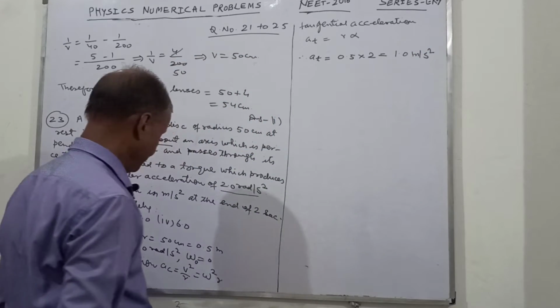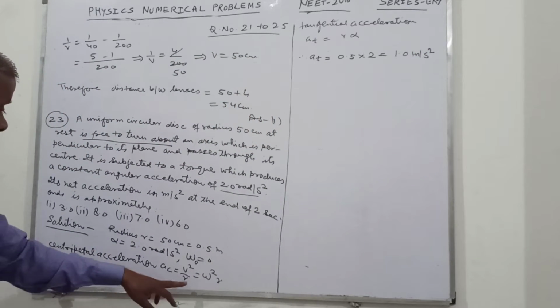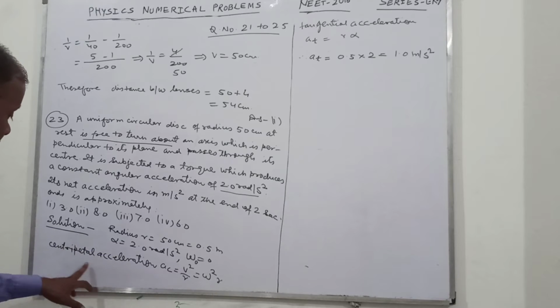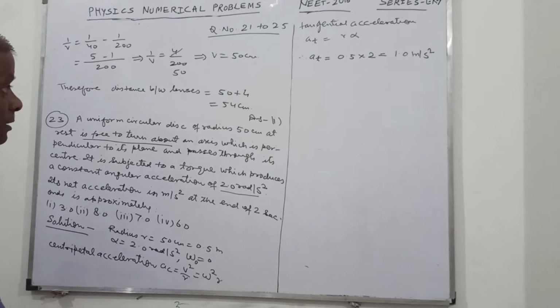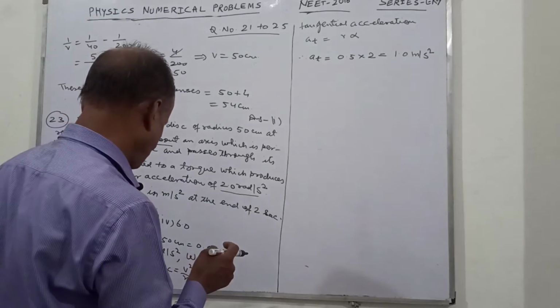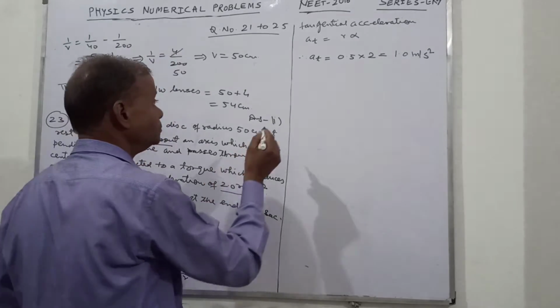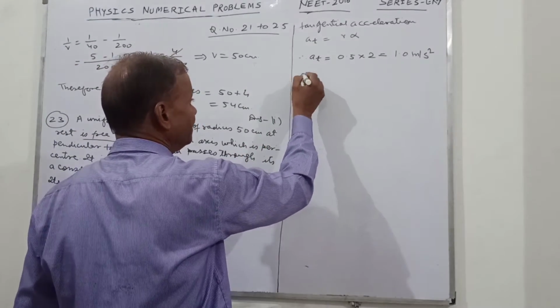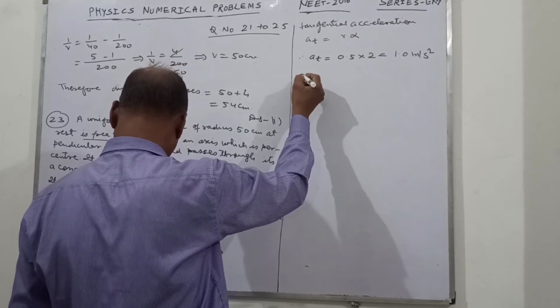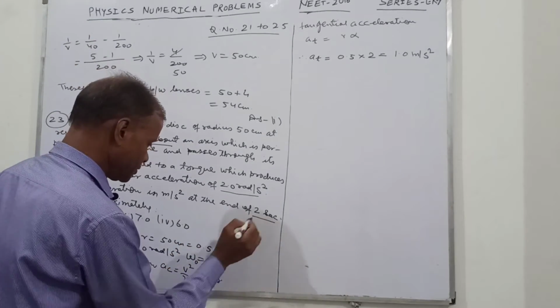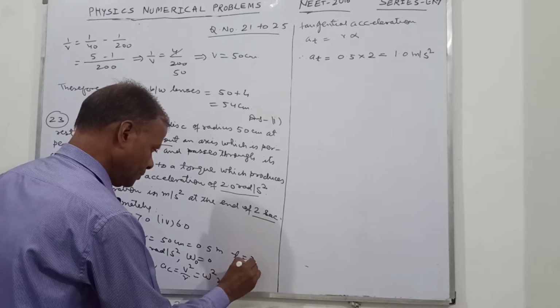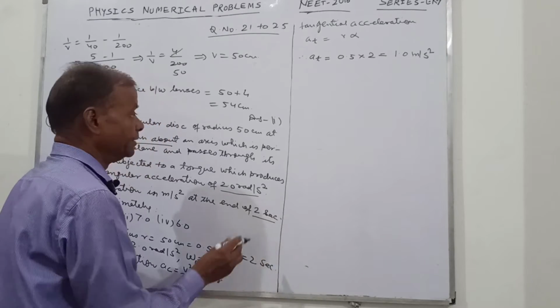Now to find the centripetal acceleration, we use omega square into r. Now note that t is given here. At the end of 2 seconds, time t equal to 2 seconds.